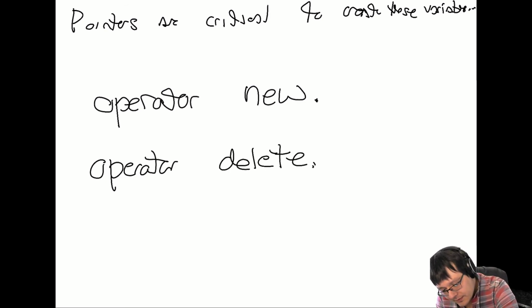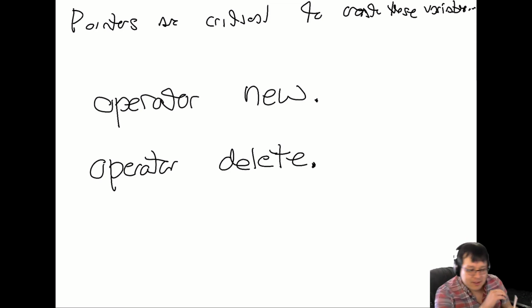Because he who giveth taketh away, right? So you are able to ask the operating system for memory to create these variables, but you should also know that when you're done using this memory, you should give it back to the operating system. And so that's why we need to know about delete. But I don't think we will get to delete today.